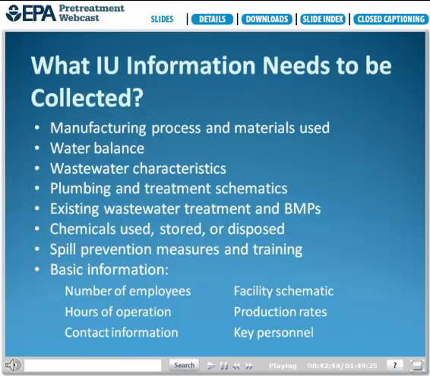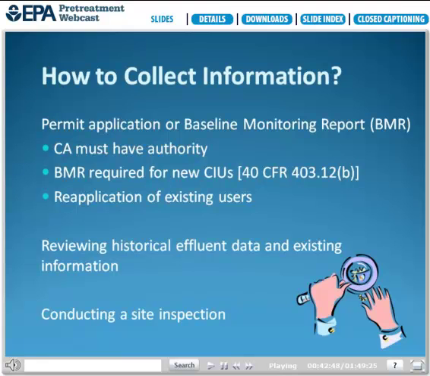Knowing what information the permit writer needs to write a permit, the permit writer then gathers it all together so that he or she can specifically review it and be assured that he or she is developing a permit based on sound information.